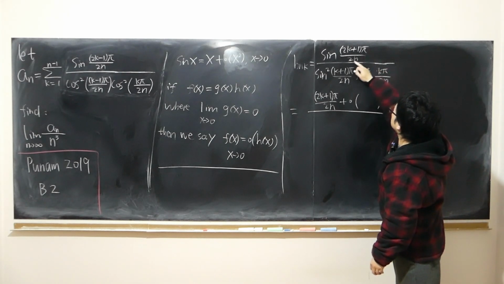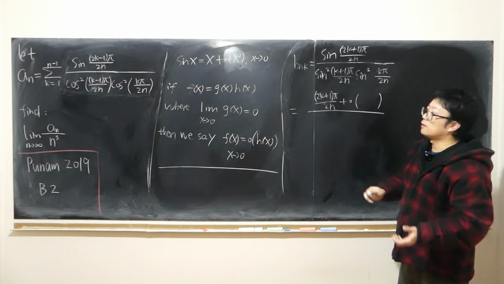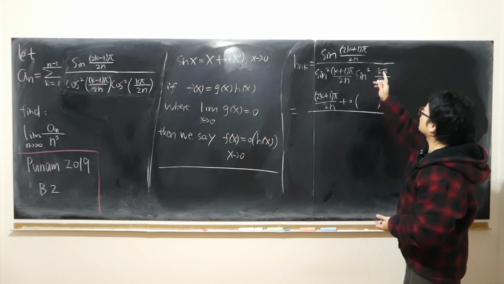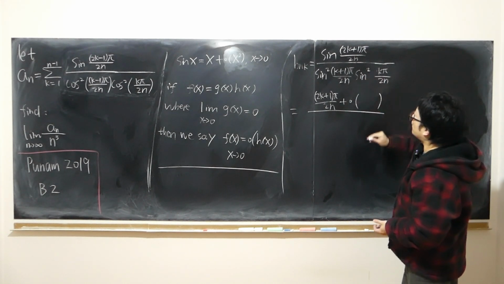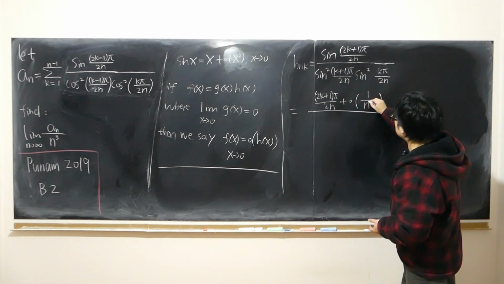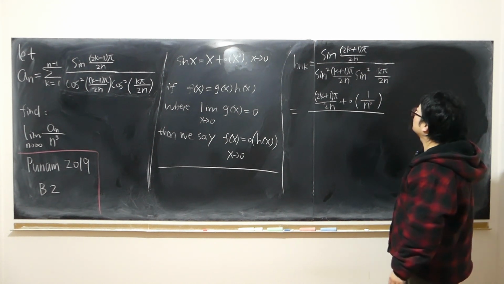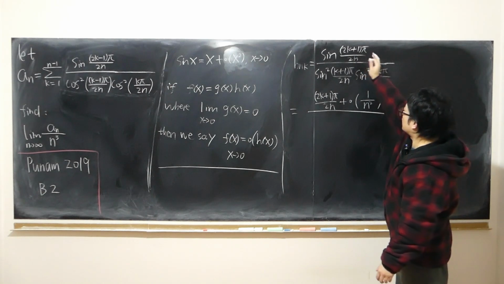So constant k, we can consider it as a constant before we do the sum, right? K is some constant, then square everything. But I say we can just write it as little o of 1 over n squared. Everything else is just constant.